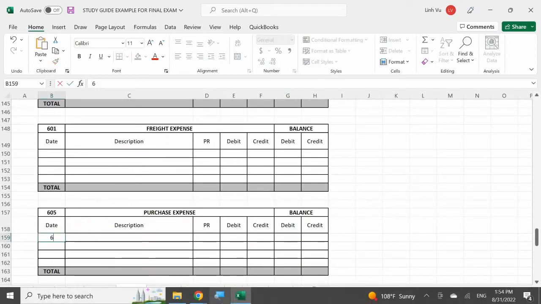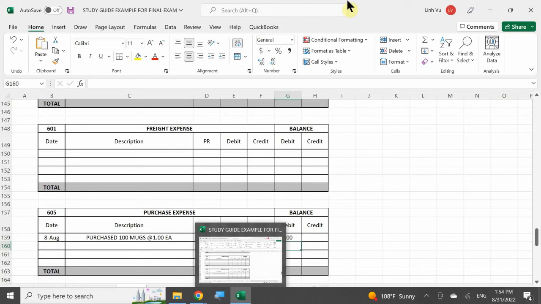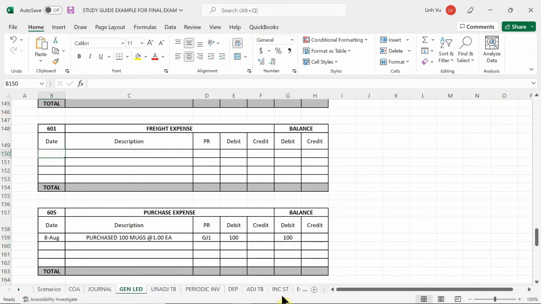Okay, so purchase, for $100 because it was 100 mugs at $1 each. Okay. Freight expense.